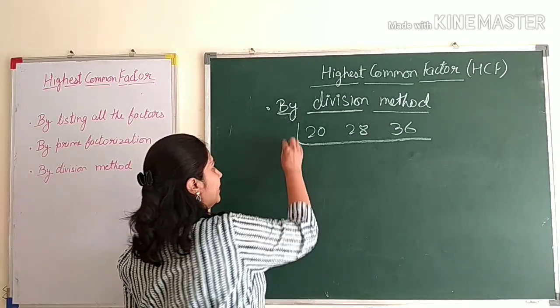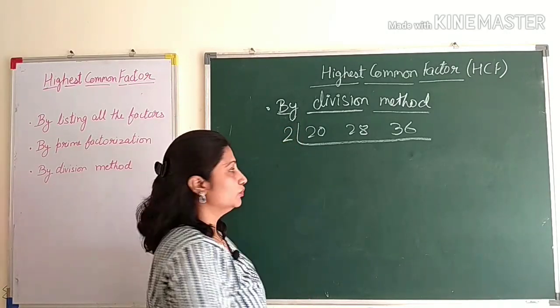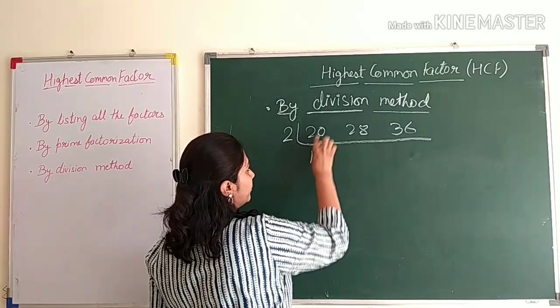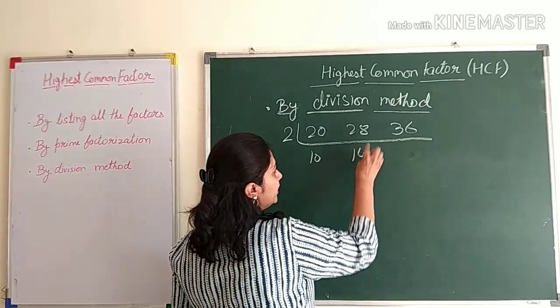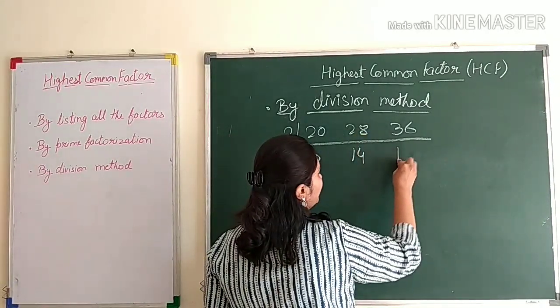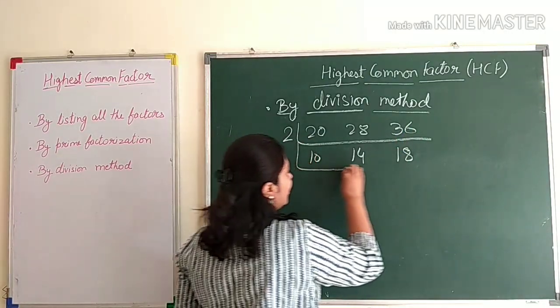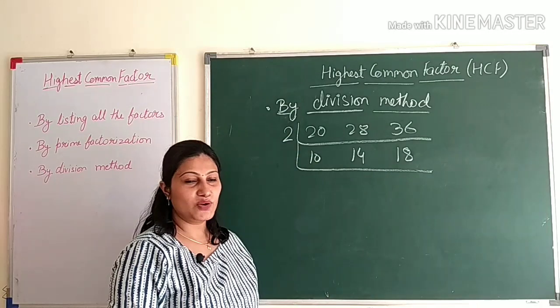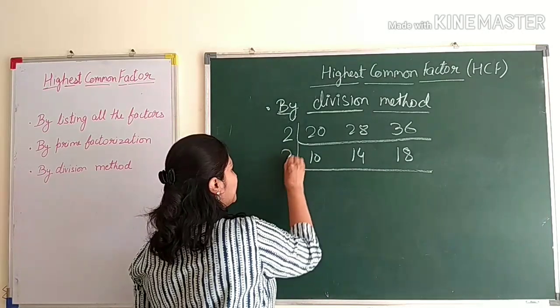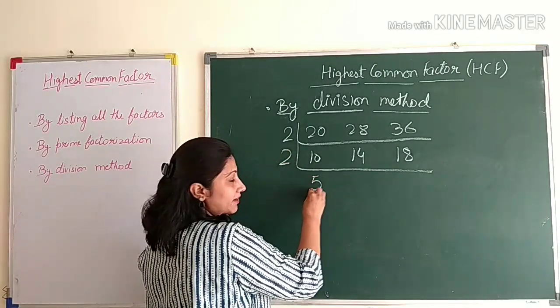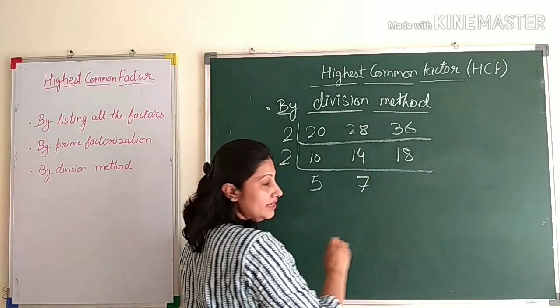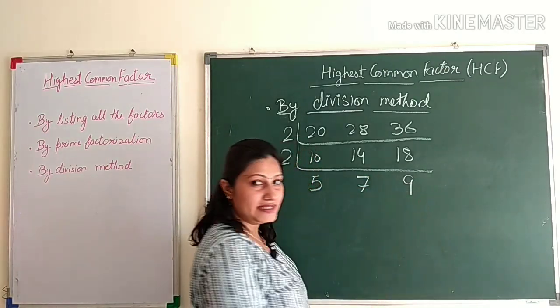So it means I can divide these numbers with 2. So 2 10s are 20, 2 14s are 28 and 2 18s are 36. Now again I can divide these numbers with the prime number 2. So 2 5s are 10, 2 7s are 14 and 2 9s are 18.